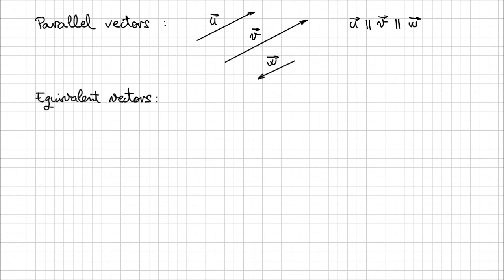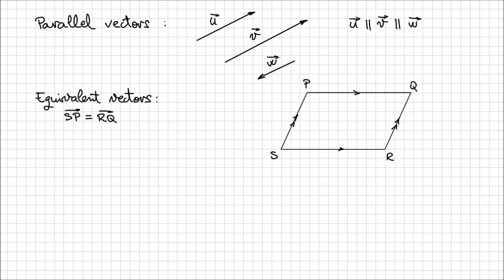For equivalent vectors, let's look at this diagram. PQRS. As you can see, I put some arrows there. It's a parallelogram, right? So we know that opposite sides are parallel and equal in size. Therefore, we can say that the vector SP is equal, or it's equivalent to RQ. Notice the order in which I took the letters. I said SP equals RQ.